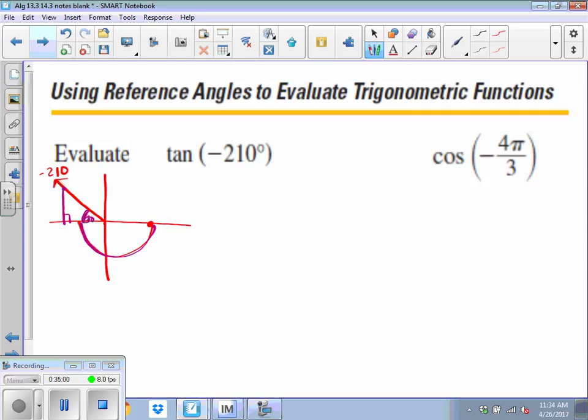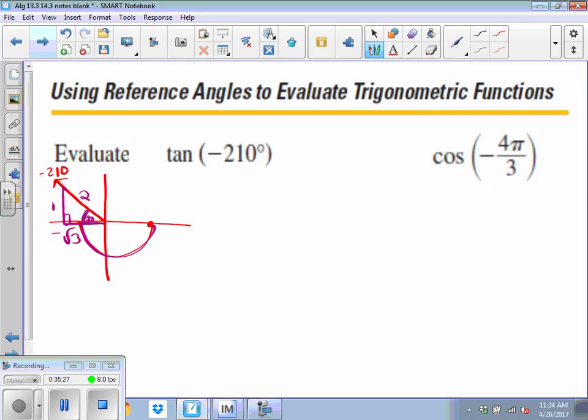Is this positive 1 or negative 1? Positive. That's above, that's y value, that's positive. Okay? 2 goes where? Hypotenuse. Can the hypotenuse ever be negative? No. Square root of 3 goes right here. It's negative because that's negative x.